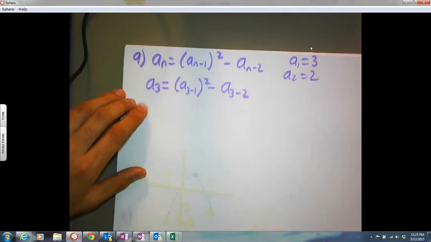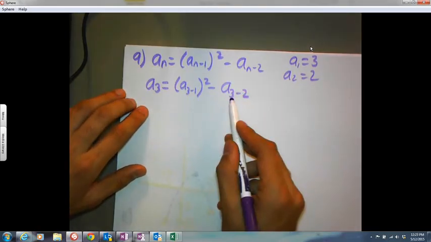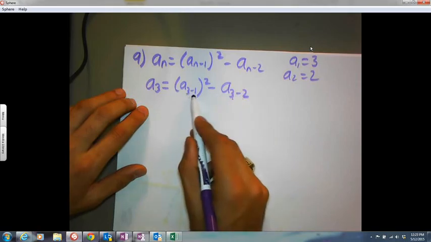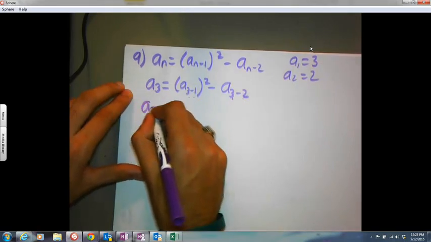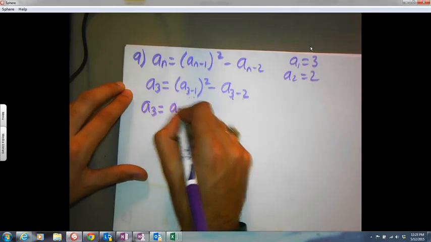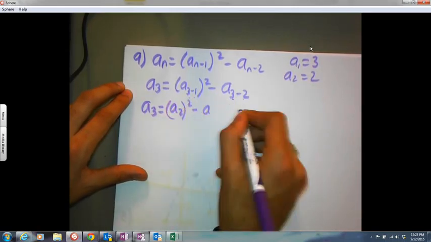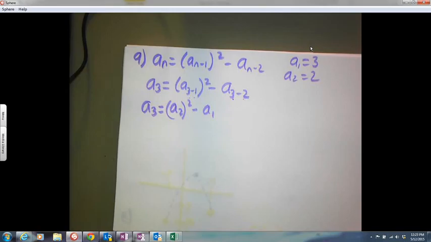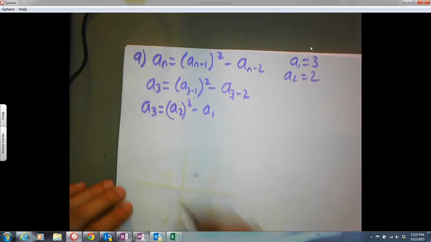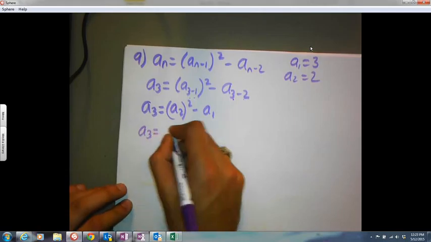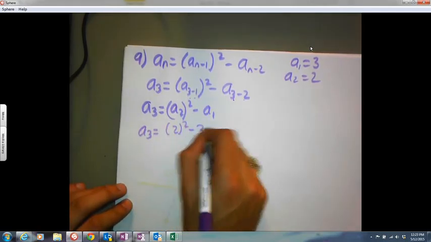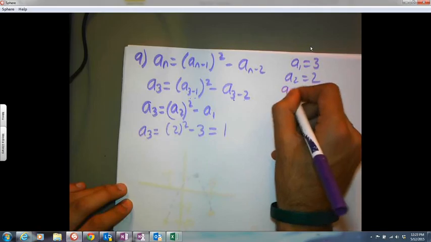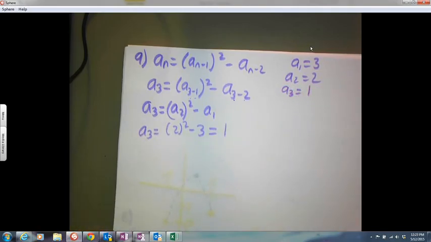These are subscripts. They go first. So you need to take care of those first, just like you would take care of an exponent first. Plug in what you know. There's our A3. A4.